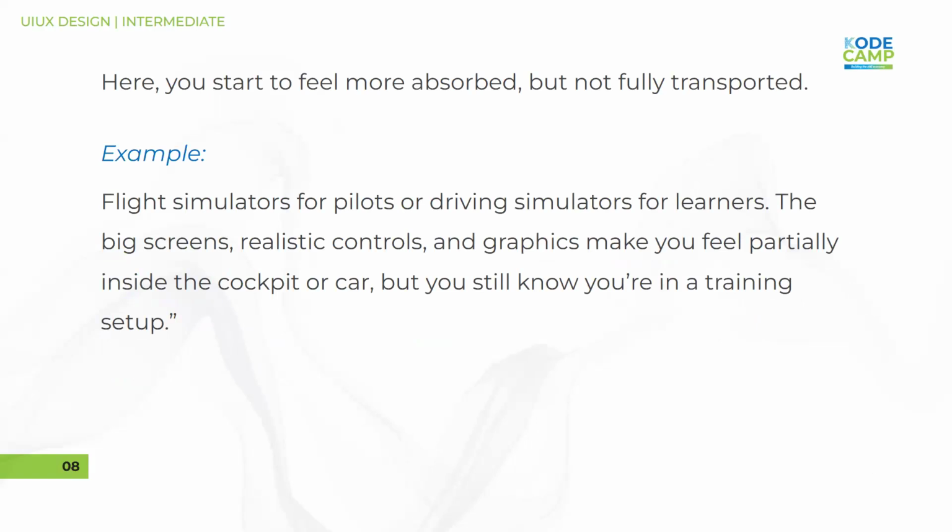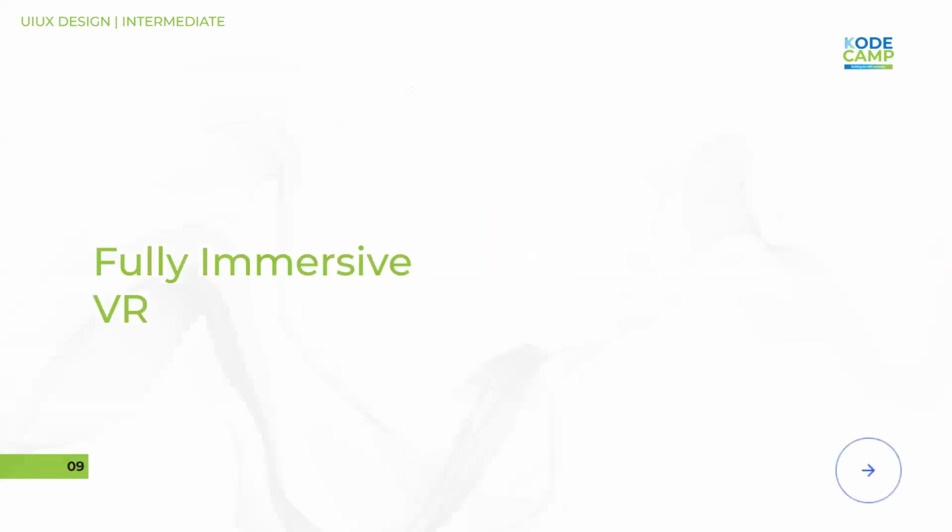A great example of this might be a flight simulator for pilots or driving simulators for learners. The big screen, realistic controls and graphics make you feel partially inside the cockpit or car. But anyway, you still know that you are in a training setup.